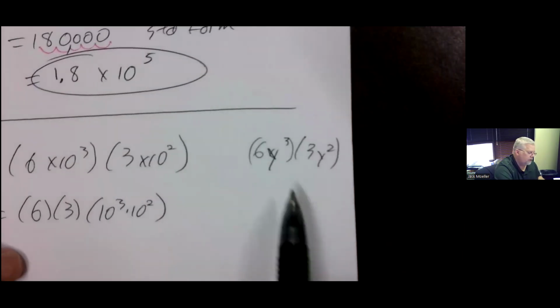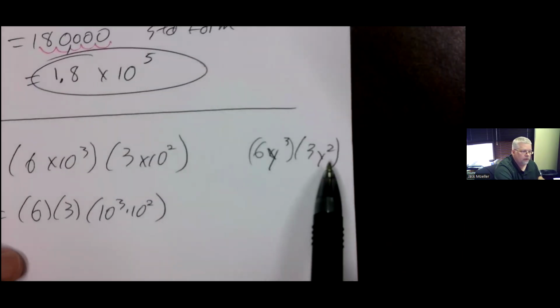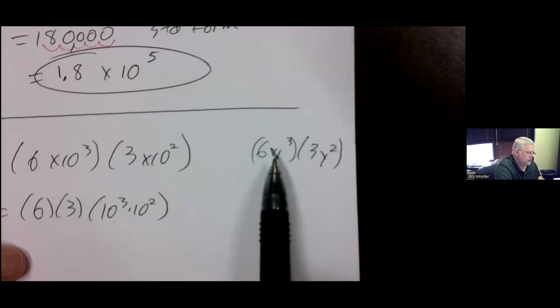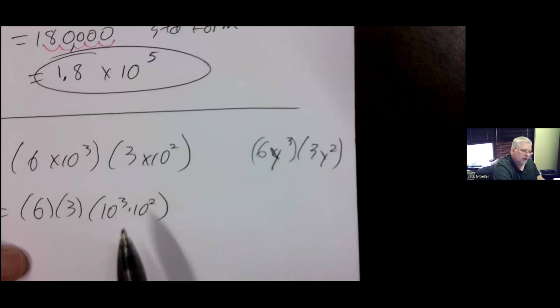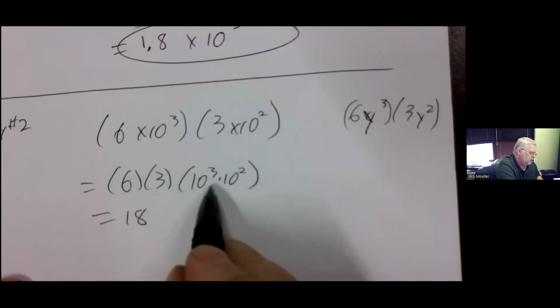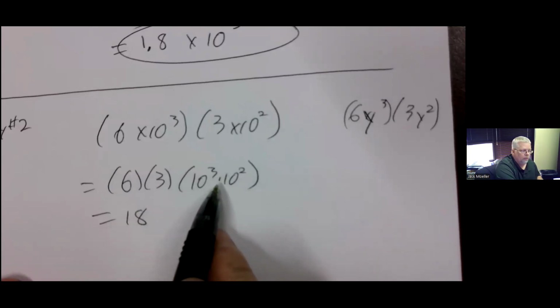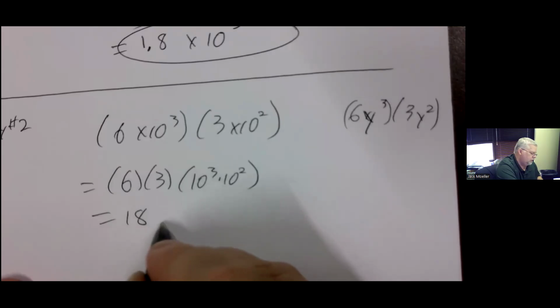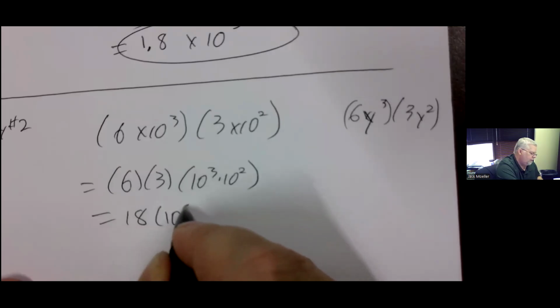So we can do 6 times 3 and then y cubed times y squared. That's what I'm doing here. Well, that's 18. And what do we do when we multiply the base? We add the exponents. So that's 10 to the 5th.